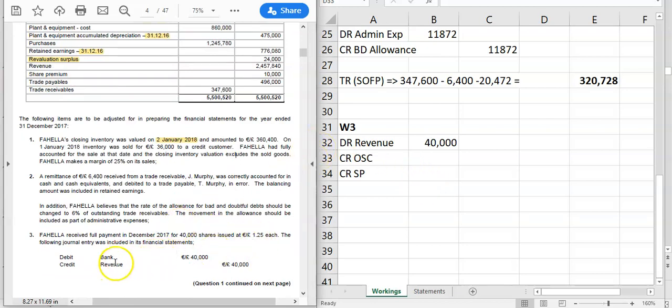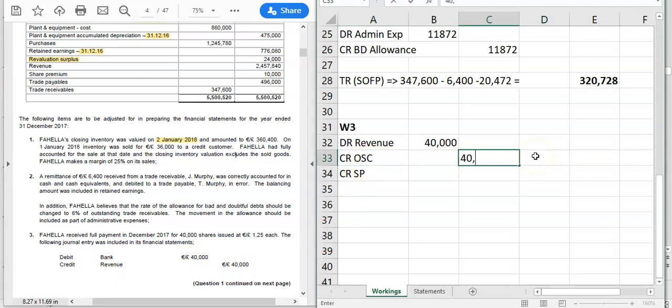Now, of course, what's wrong is they valued at 40,000, but 40,000 times 1.25 is actually 50,000 they got in. They've only recorded 40,000. So the revenue is wrong. You should be crediting ordinary share capital 40,000, and that is 40,000 times 1. All right. You should be crediting the share premium 10,000. That is 40,000 times 0.25.